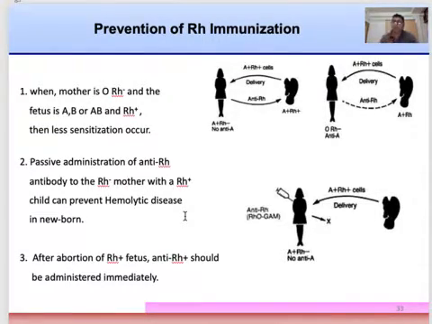Immediately after the birth or immediately after the abortion, we have to inject the anti-Rh antibody into the mother's body. We cannot delay this, because if we delay it, the antibody production in the mother's body will be boosted. So immediately we have to inject some anti-Rh antibody. This was the prevention strategy against Rh immunization.